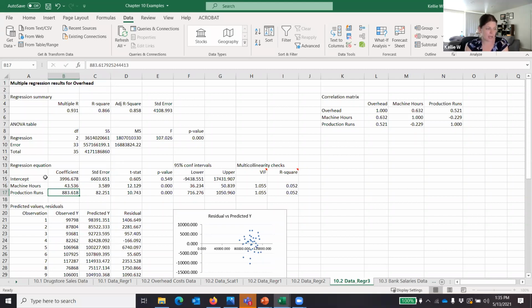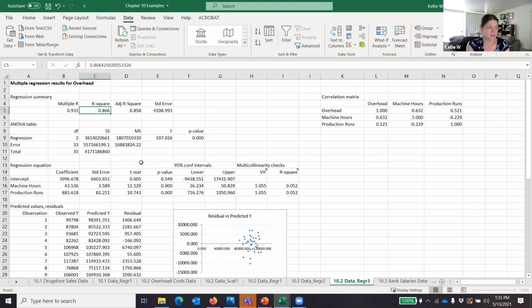To predict y, you would have to input both your machine hours and production runs in order to estimate how much overhead you're going to be using. The residuals look good. There's no obvious pattern. They're centered around 0. Look at our R-squared now. It's 0.866.